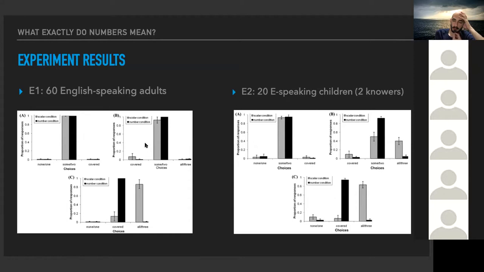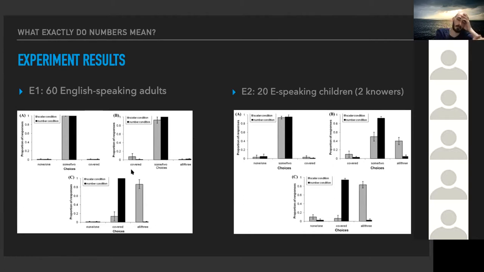And in figure B, you can see that almost all of the adults chose the same box as before, just those 10% chose the covered box when it came to some, but you can say that the overwhelming majority chose the same box, the visual some and 2 choices.